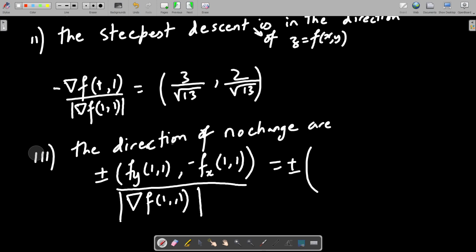I'm using the word directions; sorry, I forgot to write this, it is plural over here, because there are two directions. So this will become (2 by root 13, -3 by root 13) over here. I've already written the norm of the gradient of f inside, so I don't have to divide anything. So that's about this example.